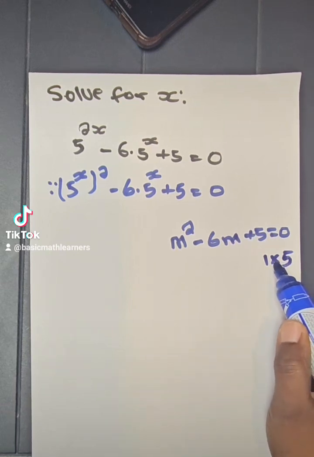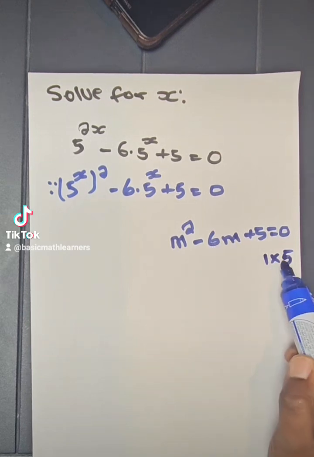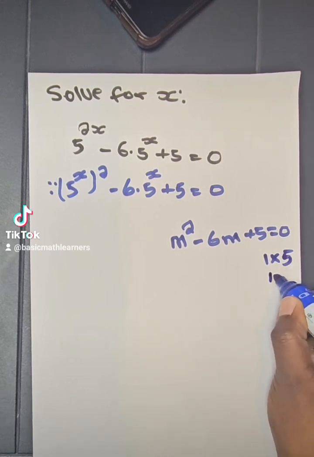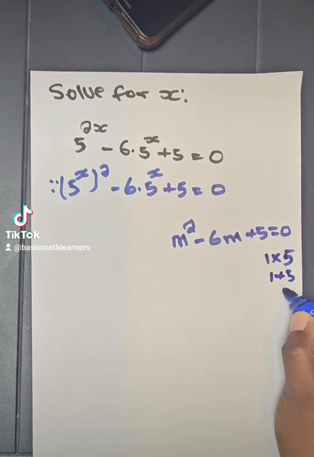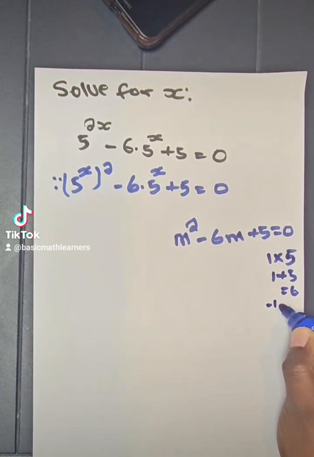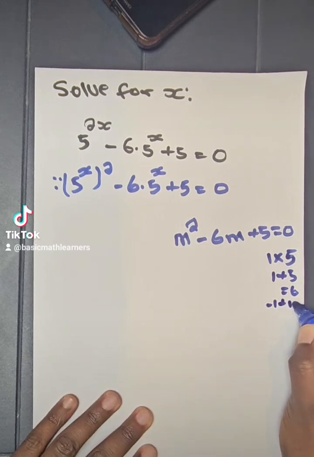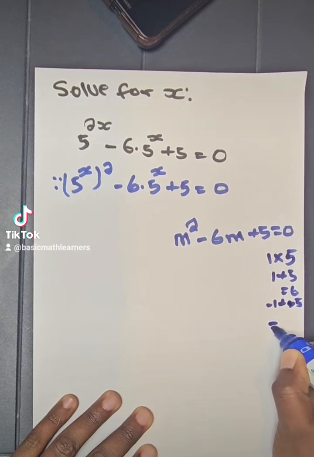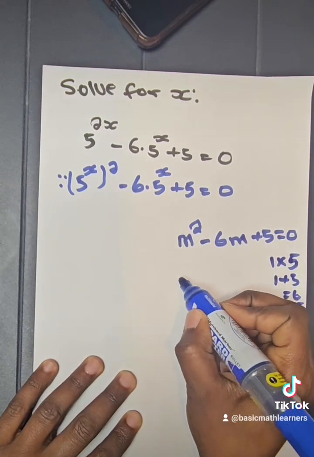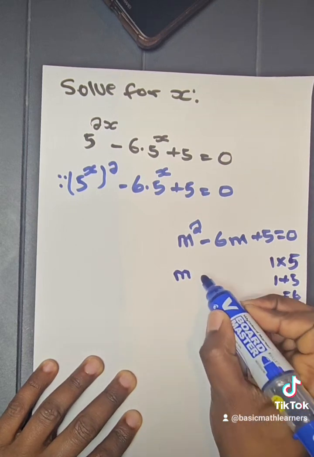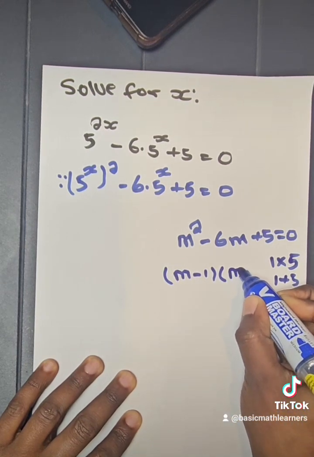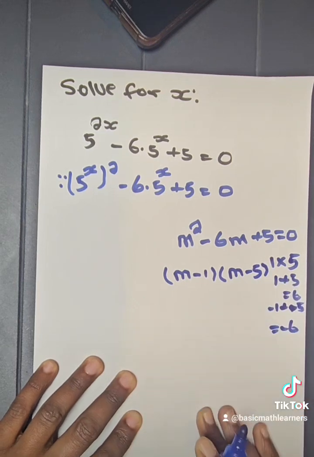Now which way can we get minus 6 if we add these two factors? If we add 1 to 5, we will get 6. No. If we add minus 1 plus minus 5, this will give us minus 6. Therefore, our factors will be m minus 1 times m minus 5.